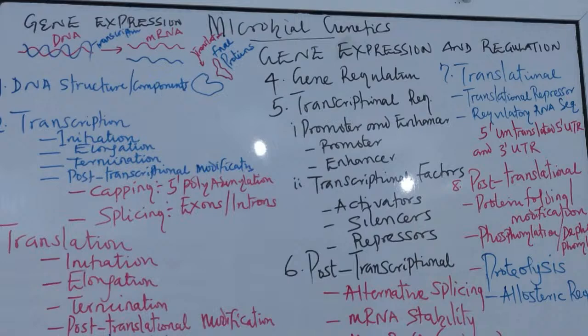Then we know by now that chromatin is the combination of DNA packaged with a protein called histones. I also said that the process of gene expression depends on whether we are talking of eukaryotic or prokaryotic organisms.